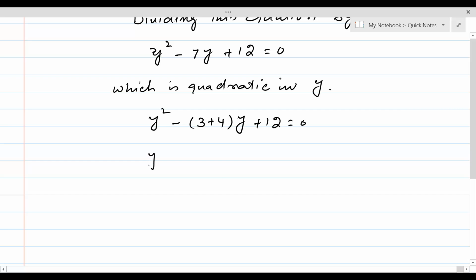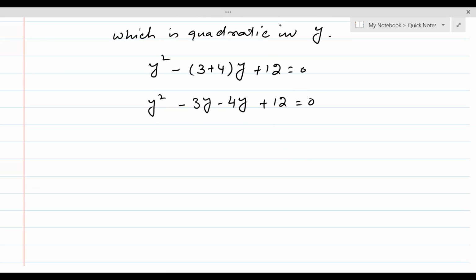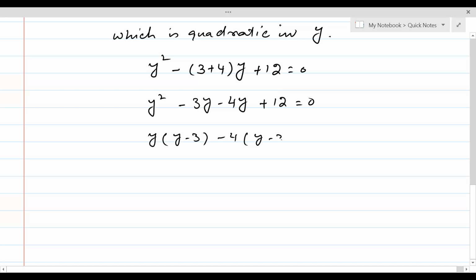Here this will be y² − 3y − 4y + 12 equal to 0. And if we take y common, this will give us y(y − 3) − 4(y − 3) equal to 0. This gives (y − 3)(y − 4) equal to 0.